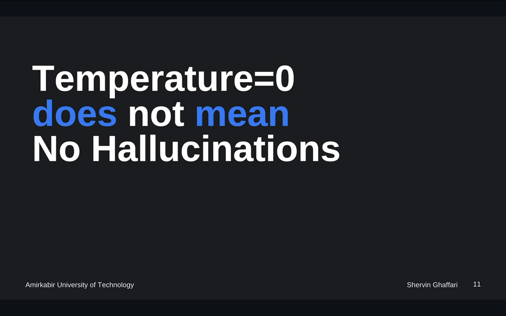But you should be aware that temperature zero doesn't mean no hallucinations, since, as you know, hallucinations are responses that are generated not based on factual data. So it doesn't have anything to do with temperature.